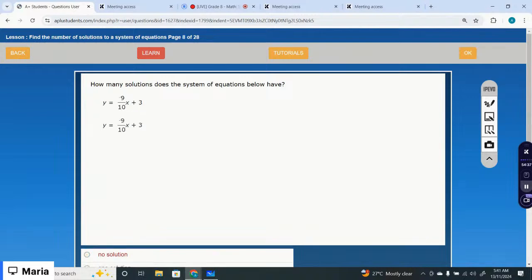How many solutions does the system of equations below have? Y equals negative 9 by 10x plus 3 and y equals negative 9 by 10x plus 3.